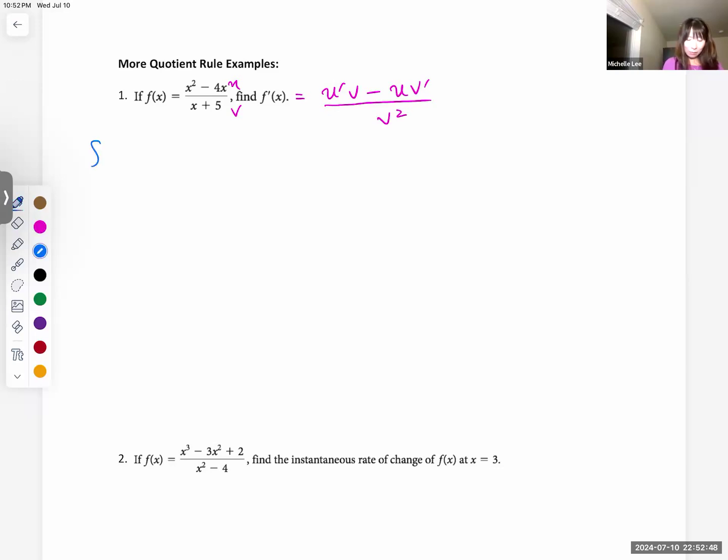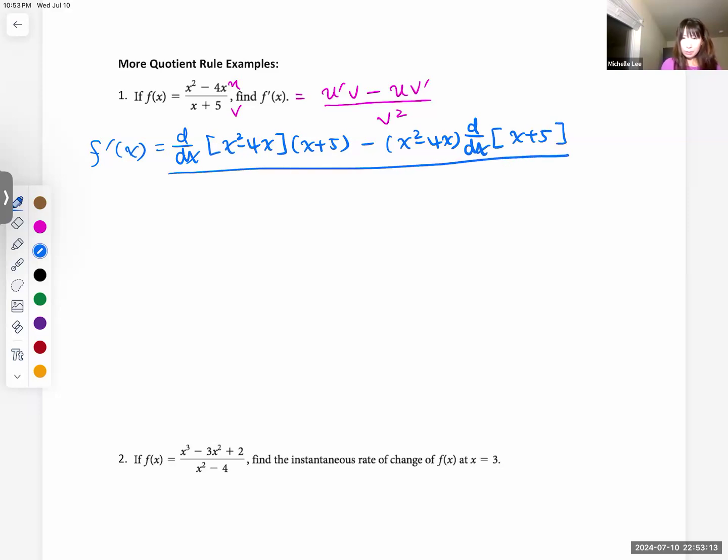Okay, f prime of x is the derivative of x squared minus 4x, times v, minus u, v prime, all over v squared.